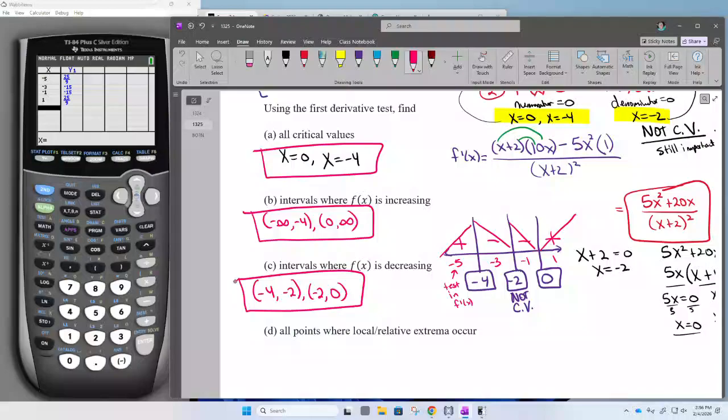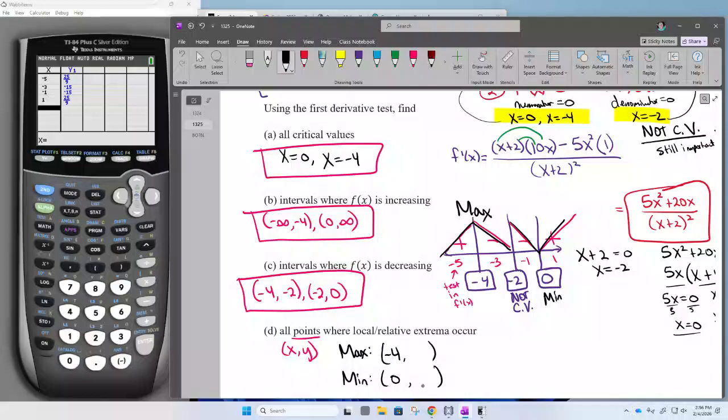And once all points, that means x and y, where local relative extrema occur. So we're going to have a maximum happening up there because it goes up then down. We're going to have a minimum happening here because it goes down then up. So we're going to have a max occurring at -4 something and a min occurring at 0 something.